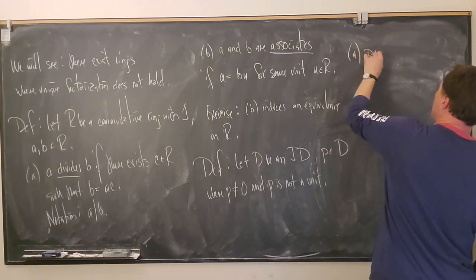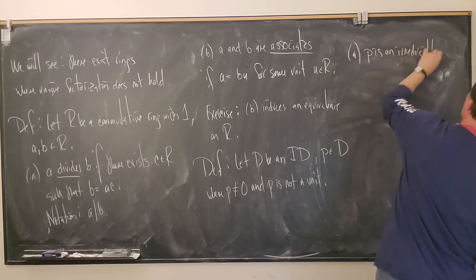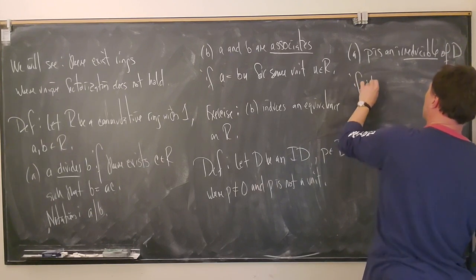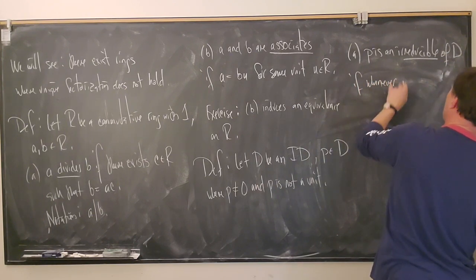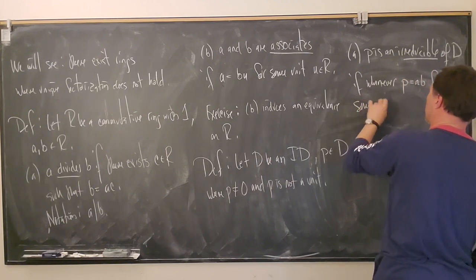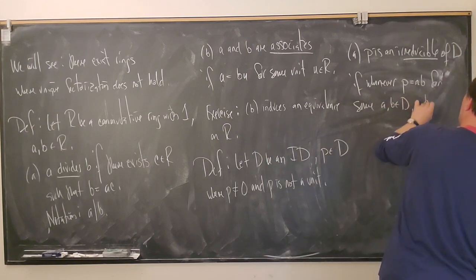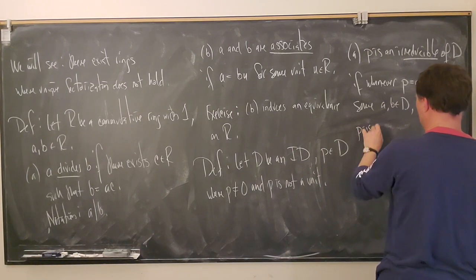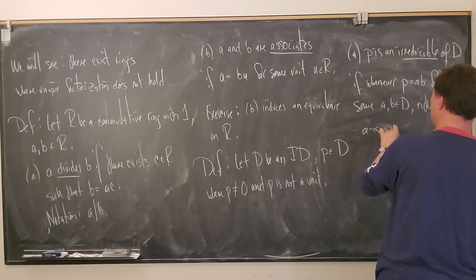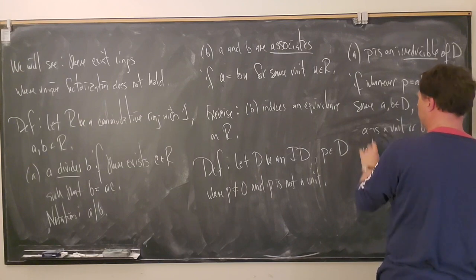So P is an irreducible of D if whenever P is equal to A times B for some A and B in D, either A is a unit or B is a unit.